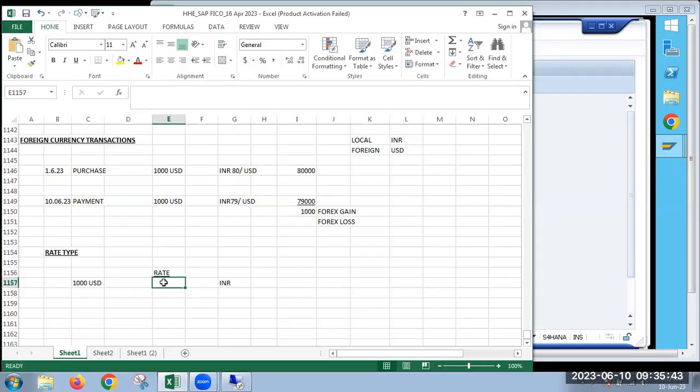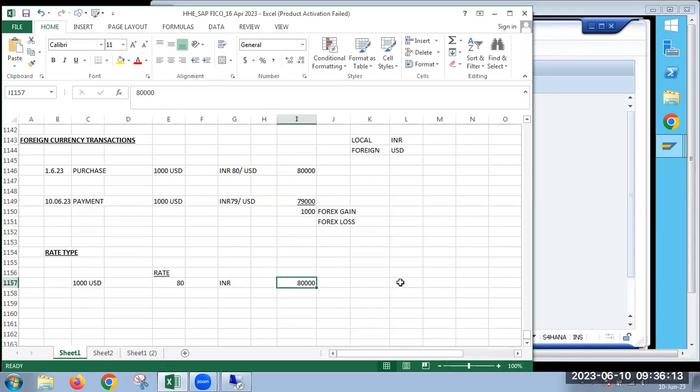So think about the rate. Anyway, we got it at the rate of 80 rupees, so we will be getting 80,000 rupees. Today's rate being 80, we got 80,000 rupees from the bank. At the same time, think about you need $1,000. Is it possible that by paying 80,000 we will get $1,000 on the same date?